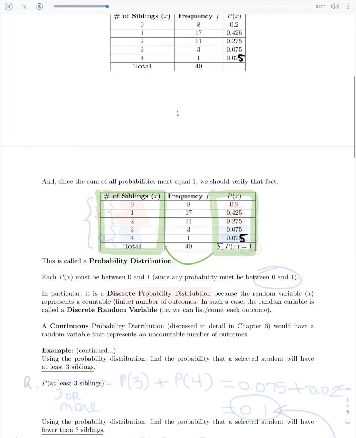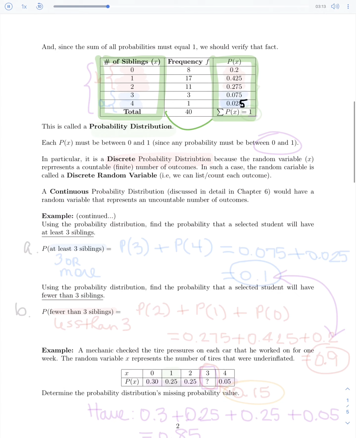Instead of being called a frequency distribution, they are going to be called a probability distribution. So what do we know about probability distributions? Just because they work just like relative frequencies, they have to add up to 1. What else do we know about probabilities? Probabilities have to be between 0 and 1, meaning they can't be negative, and they can't be bigger than 1 or 100%, and they have to add up to 1.